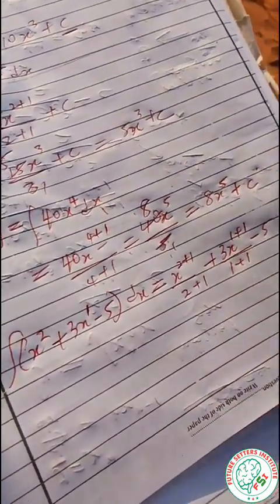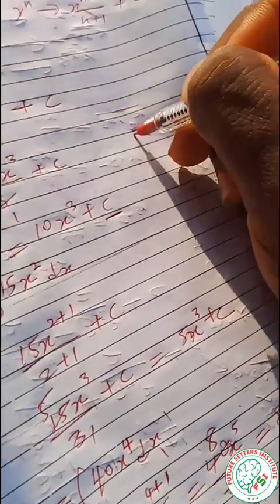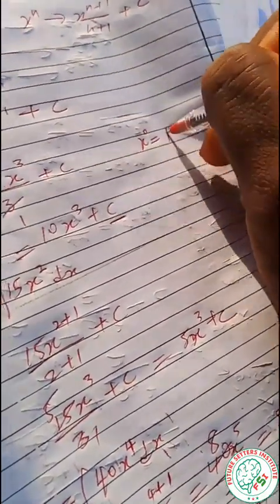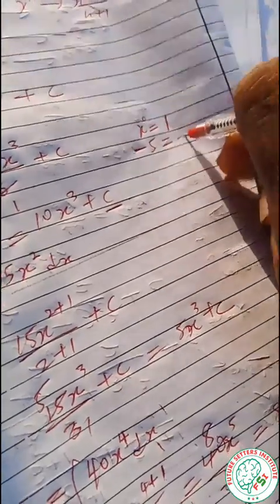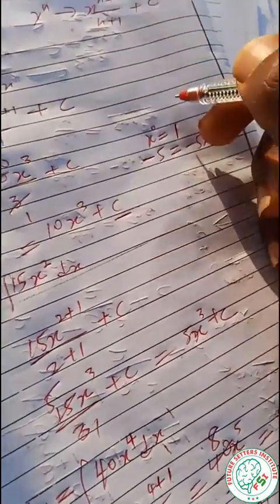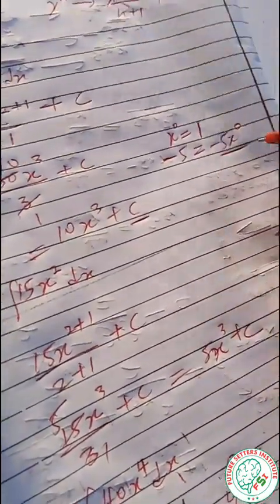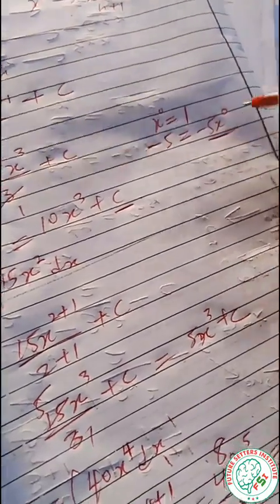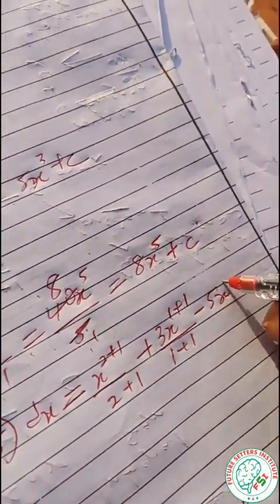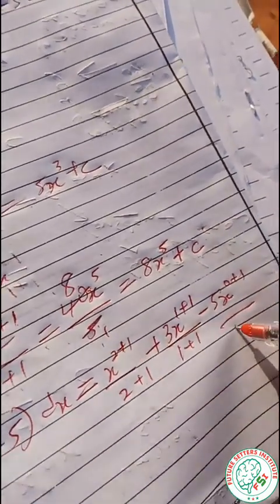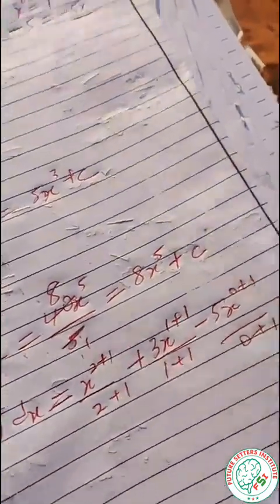Now take note, in indices, if you have x raised to power 0, x raised to power 0 is 1. So in this case that we're having minus 5, minus 5 is minus 5 x raised to power 0. So what will you do? Just come here and say minus 5x raised to 0 plus 1 over 0 plus 1 plus c.